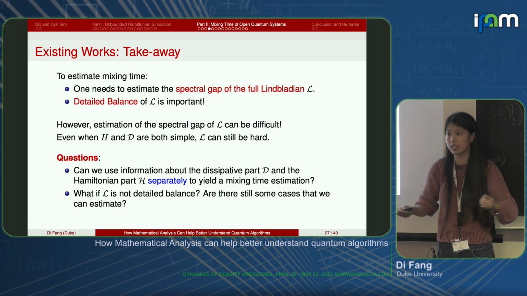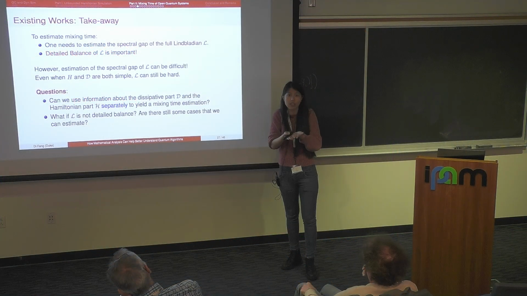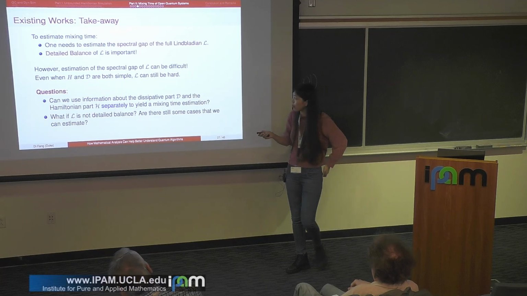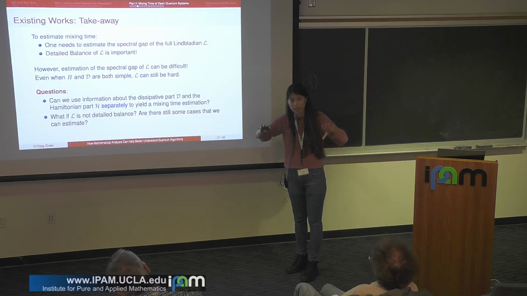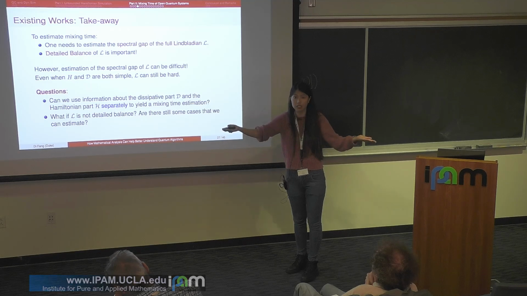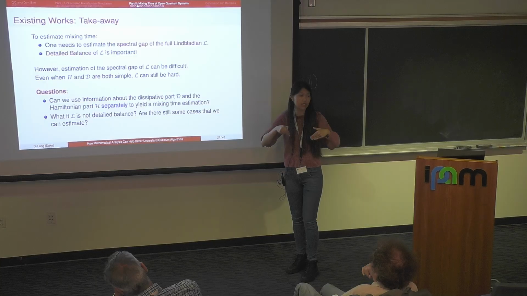Suppose you have dephasing noise of some Pauli noise where pretty much you can explicitly calculate everything. However, as soon as you add them together, all of a sudden it becomes a much more difficult problem compared to before. So our question is really, can we utilize these two parts of information somewhat separately, without requiring the whole Lindbladian to be detailed balanced, but still yield some mixing time estimates?